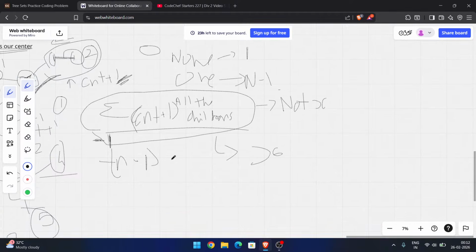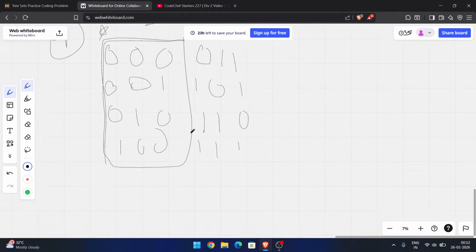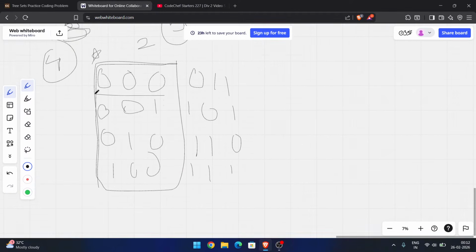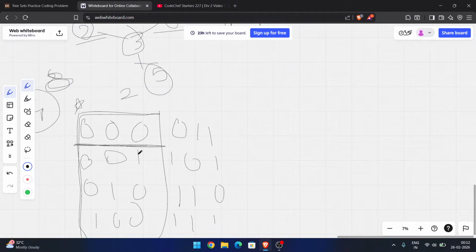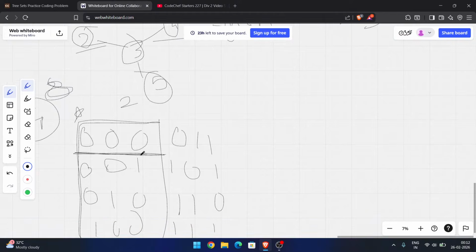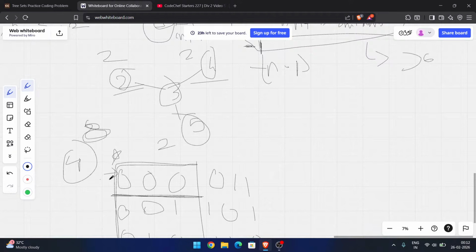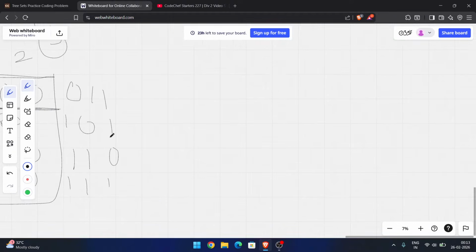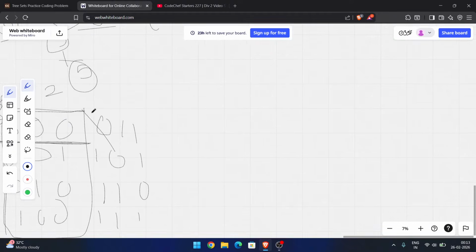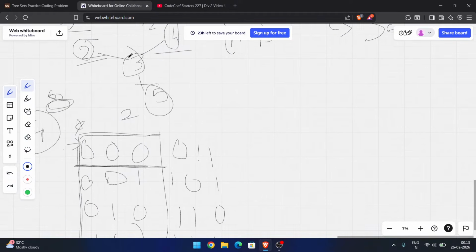That's why I was subtracting n minus 1. What is n minus 1? n minus 1 is all the elements which have only one element in it. And one case was where nothing is selected. So I was subtracting this. So this was the answer for all the cases which don't include 3.